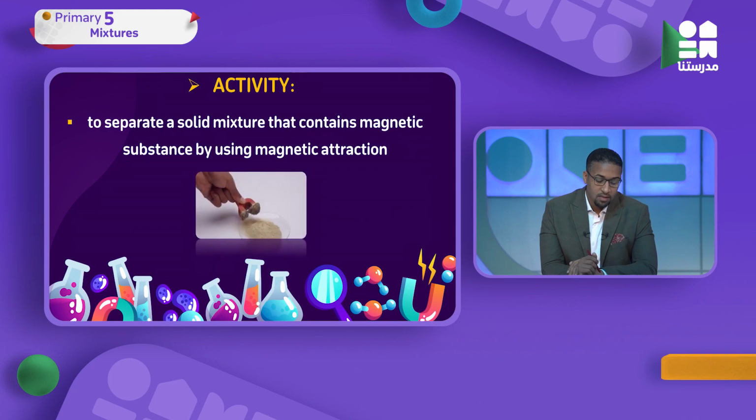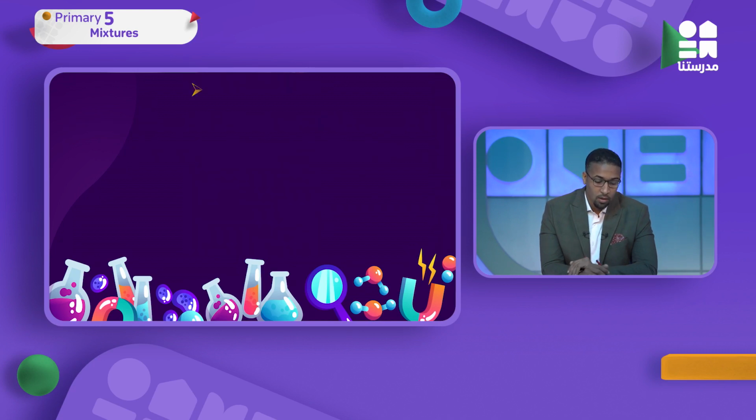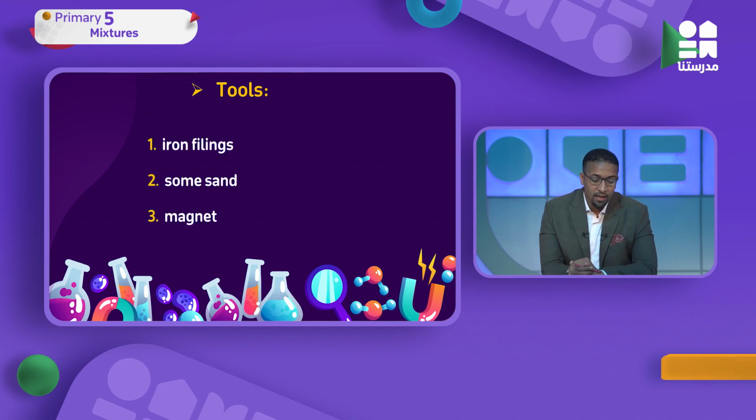As is clear in the picture now, we use magnetic attraction to separate iron from sand. Tools needed for this experiment: iron filings, very small particles of iron, some sand, and a strong magnet.